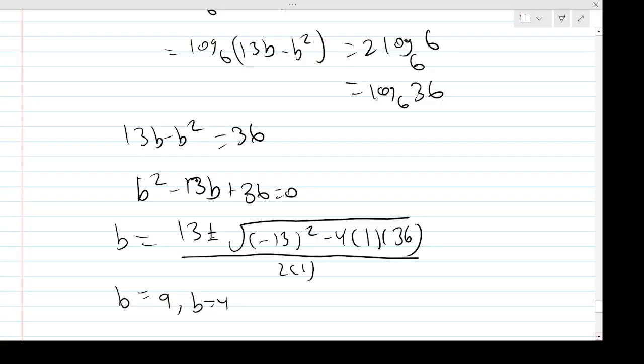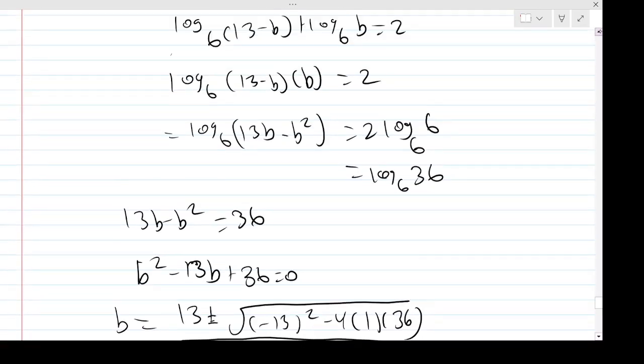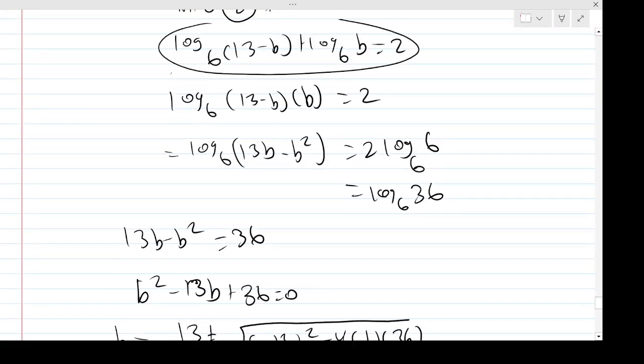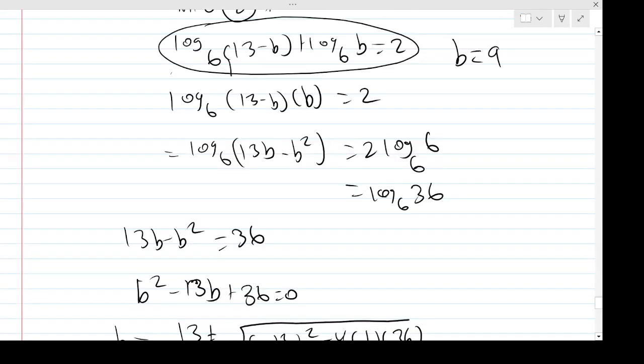Okay, but I need to check if these solutions make sense. Again, I need to check if they are valid by checking them in each individual log up here. So if B was 9, then 13 minus 9 would be 4. That's positive, great. And B would be 9, that's positive, great. So that makes sense.